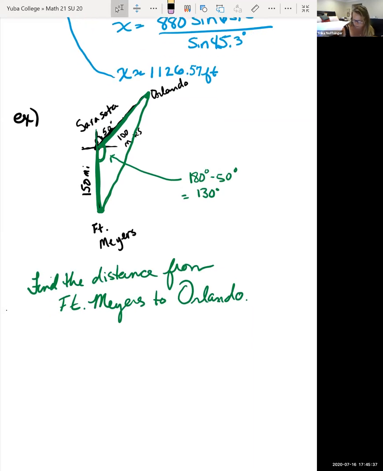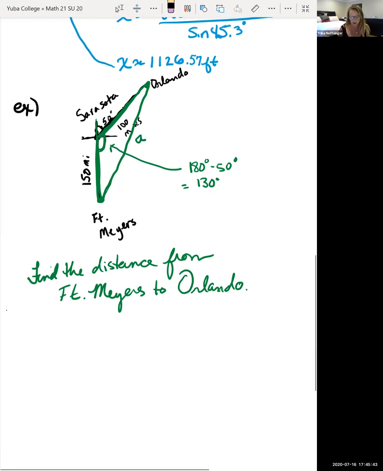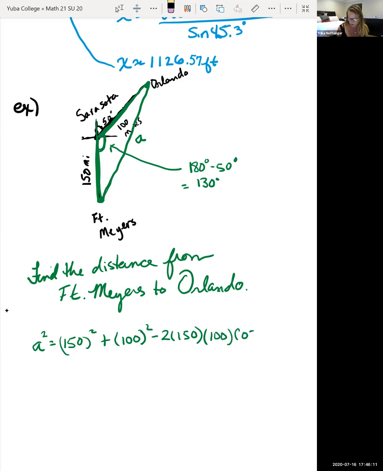Maybe we'll call it A. Law of cosines says the length A squared is equal to the sum of the squares of the other sides, 150 squared plus 100 squared, minus 2 times those sides that sandwich it, 150 times 100, cosine of the angle across from what you're trying to find, which we said was 130 degrees.